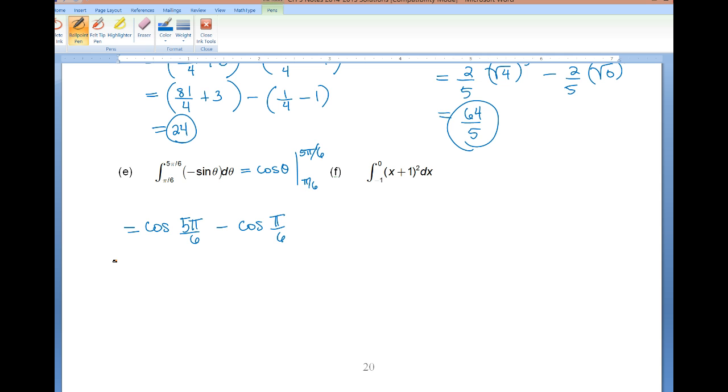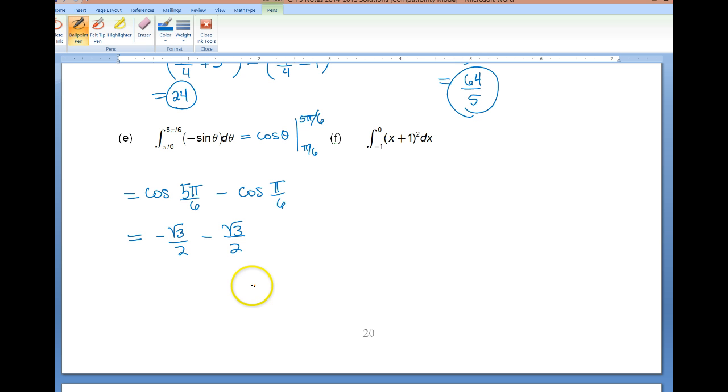What's cosine of 5 pi over 6? Good. And minus? Try again. Minus, so just negative root 3, because you'd have two of them and then the 2's would cancel.